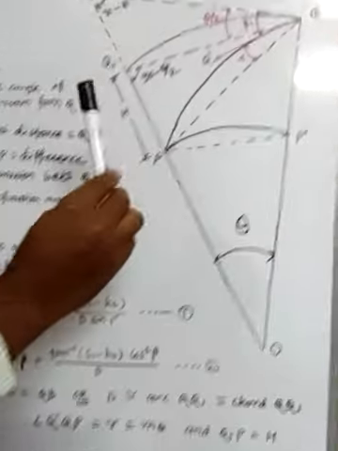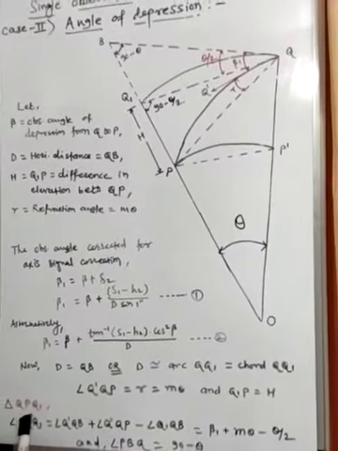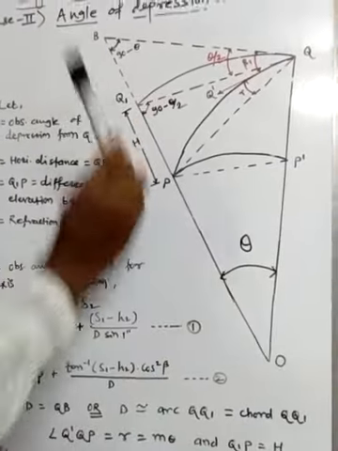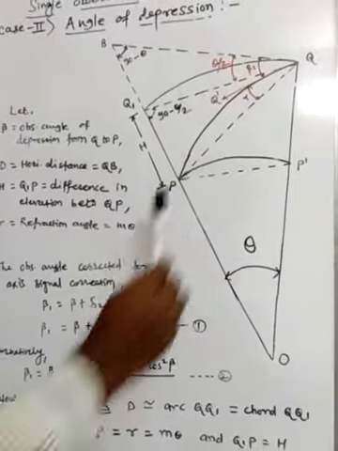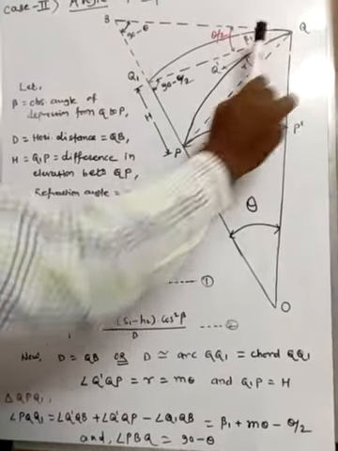Let's see the triangle QPQ1. You have to find the particular angle, PQQ1. Where is PQQ1? Here.